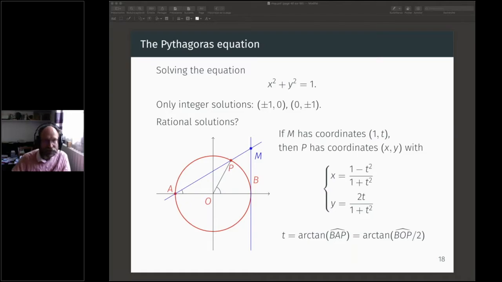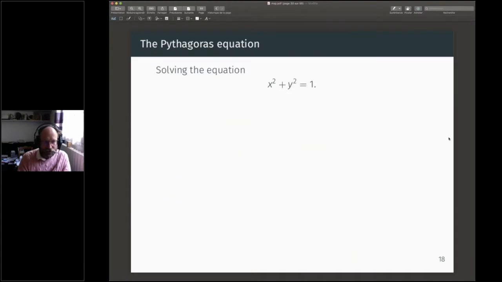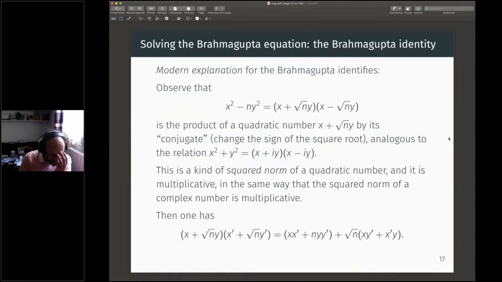So let me go back to here. I think what was meant is why the top line. Why do you multiply those two?